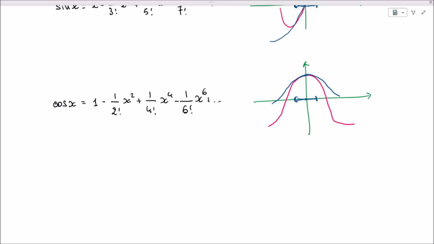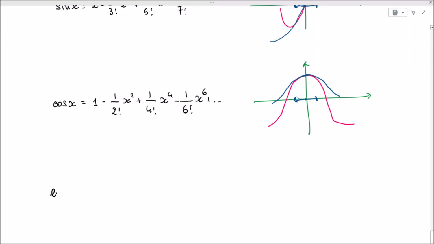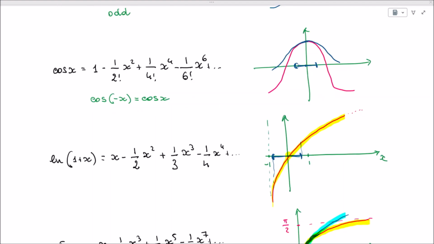Let's now consider the logarithm of 1 plus x, equal to x minus 1/2 x to the square plus 1/3 x to the cube minus 1/4 x to the fourth.